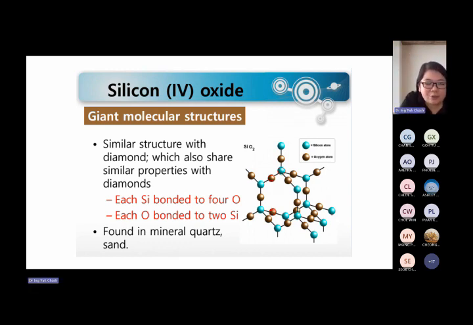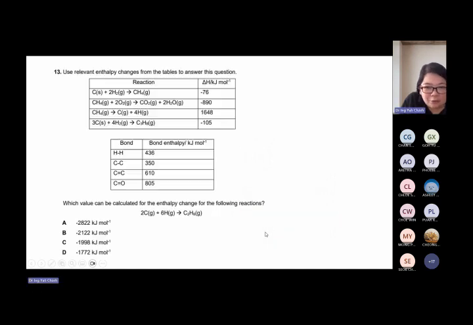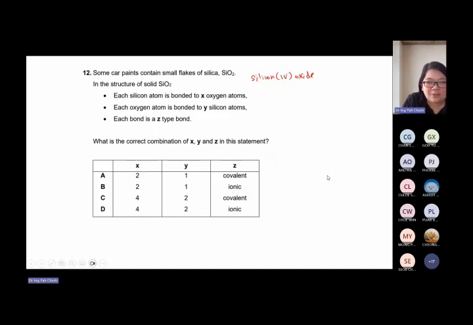What I'm trying to tell you is for this case, you have no choice but to remember the structure like this, the diagram, and also how they are bonded to each other. Silicon to oxygen, oxygen to silicon. Unfortunately for this question, you cannot look at the formula and say, oh, every silicon is bonded to two oxygen, and every oxygen is bonded to only one silicon.